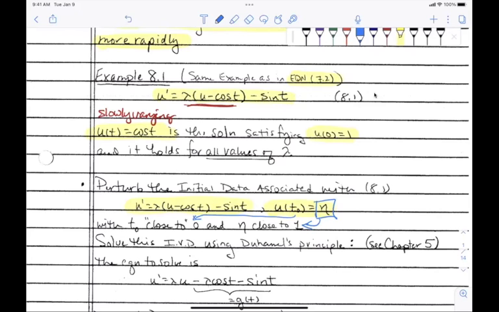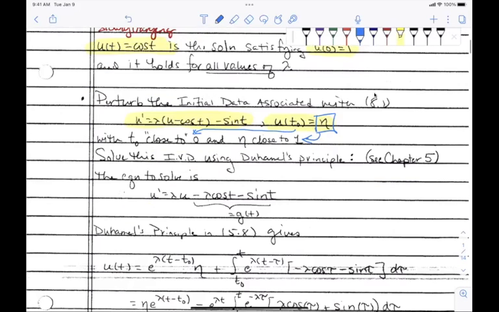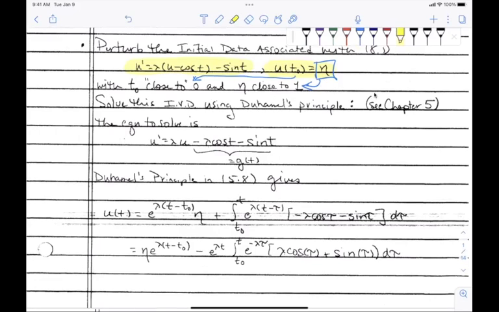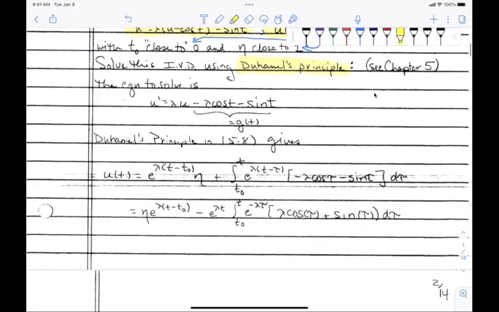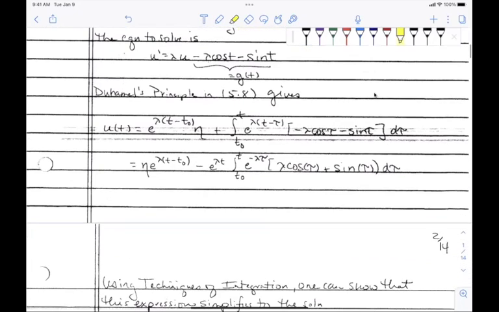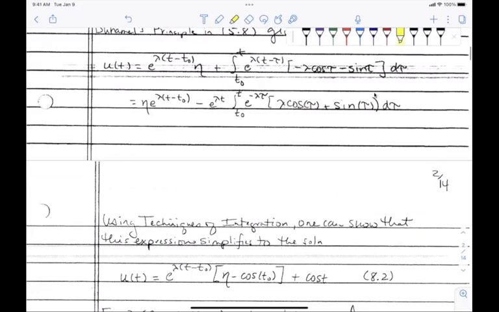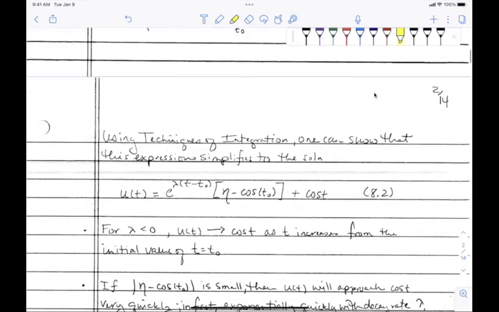If you solve this equation more generally, and you may recall, you can do this via Duhamel's principle from chapter 5. You did this on a homework assignment. You can write down a nice form for this, which has lambda floating around in the parameters. So here's me just applying that Duhamel's principle, and here's what you come up with.